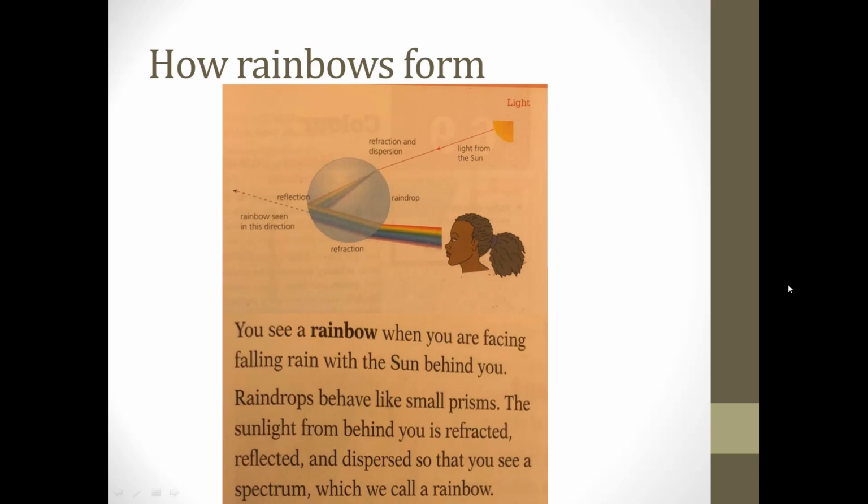How do rainbows form? You see a rainbow when you are facing falling rain, with the sun behind you. What is the explanation? The raindrops act as small prisms.